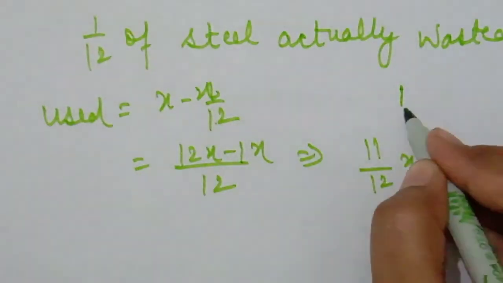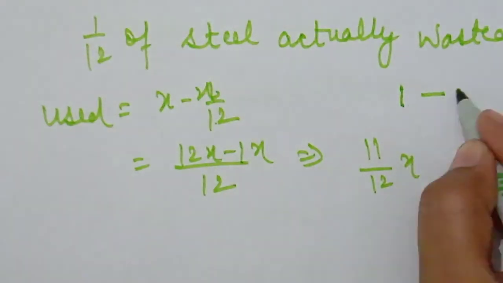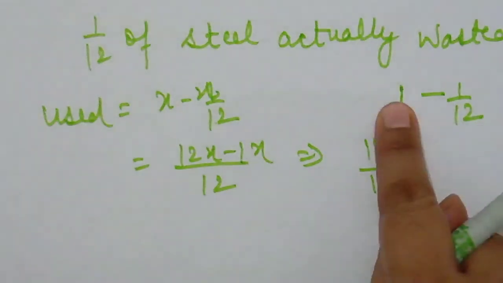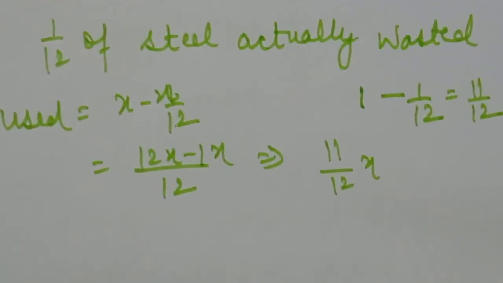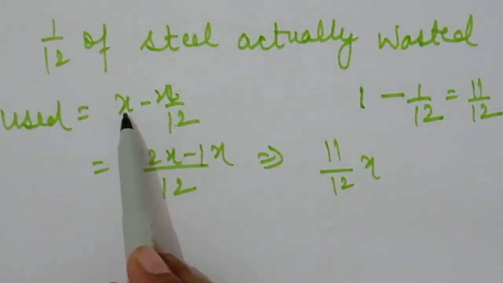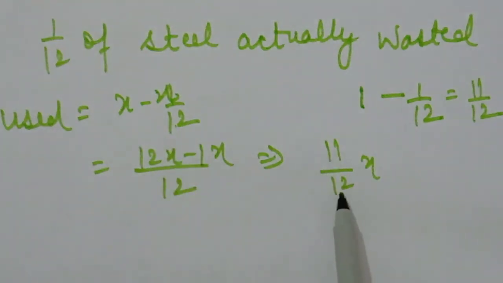If we used total as 1 meter square sheet and 1/12 is wastage, then when we solve it, it is 11/12. So if total is x and x by 12 is already wasted, then 11 by 12 x is used, and we know the area of the tank already.